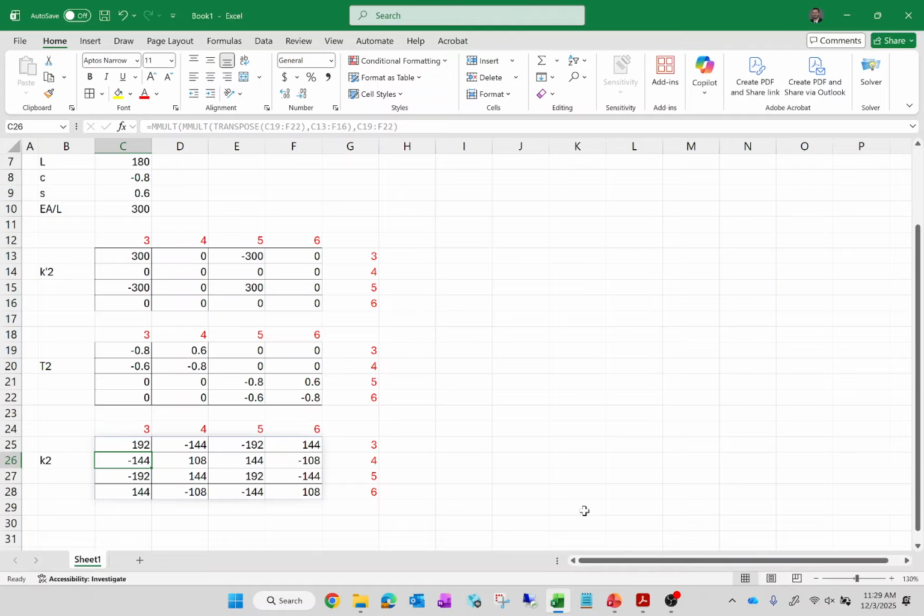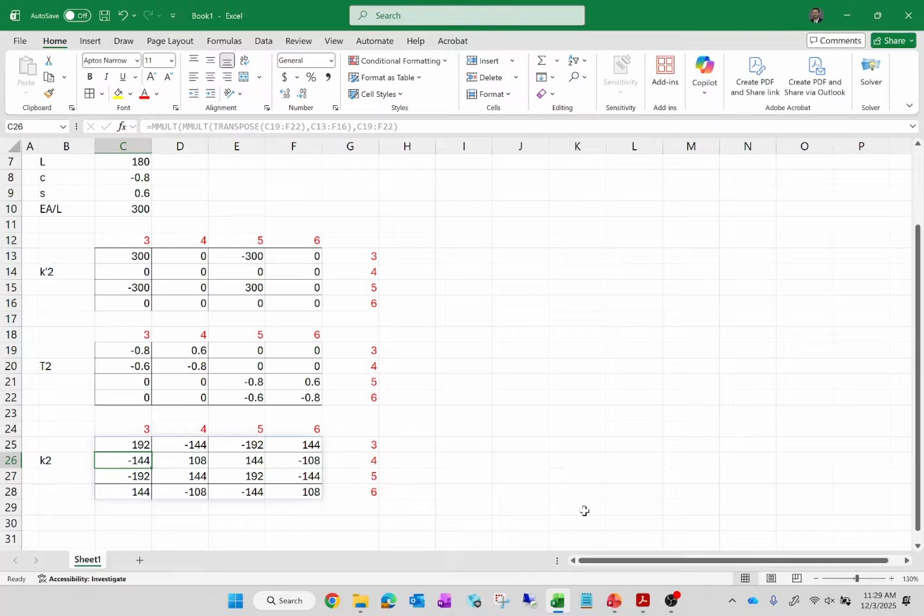You'll know that you've done this right, at least for a member that's at an angle: every term should have a value in it. You shouldn't have any zeros. If you have a member at an angle and you've got zeros in here, something's wrong. There are a couple of other checks.